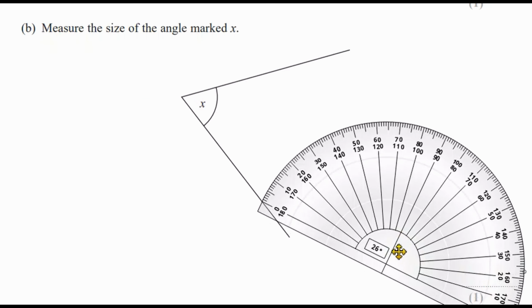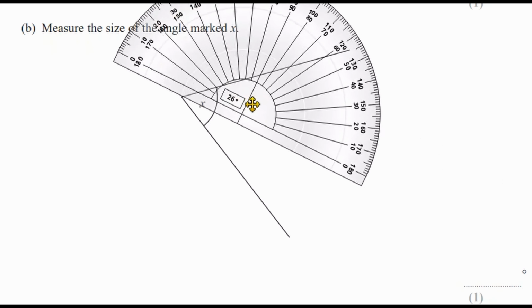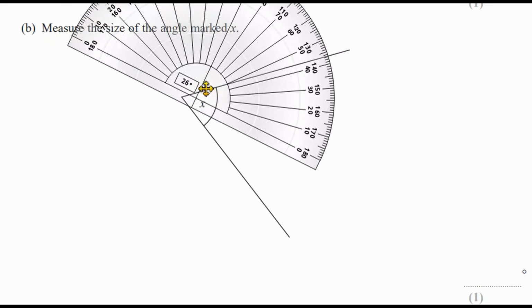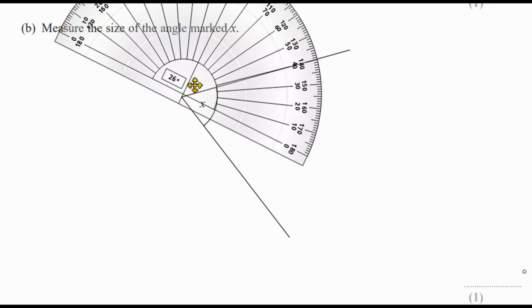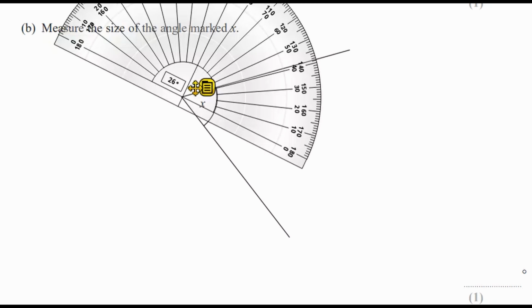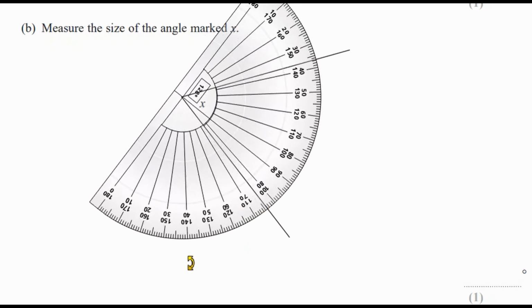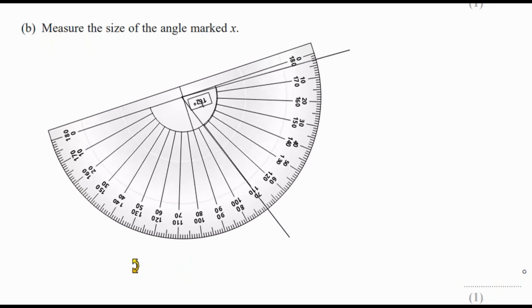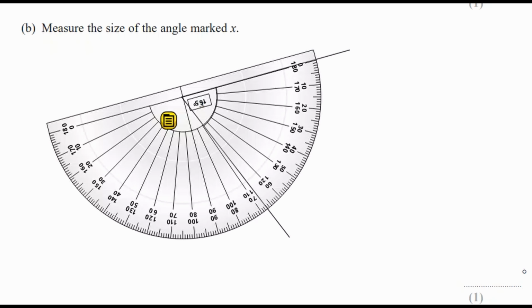Part B asks us to measure the angle X, so I'm going to need the protractor. So what we do first is put the X, the cross there on the protractor, right in the corner of the angle there. I'm then going to turn it round so that the top line of the angle is on 0. So those are my first 2 checks.